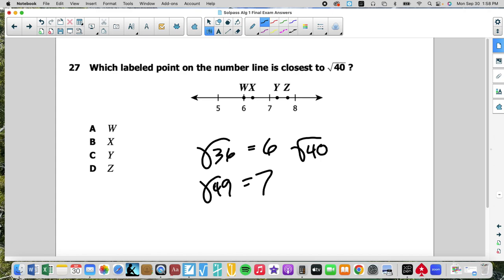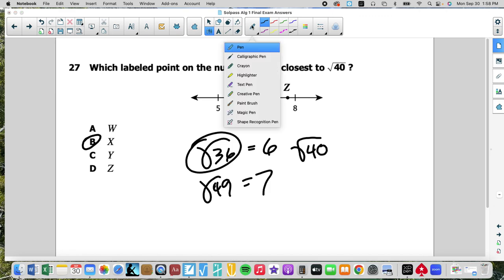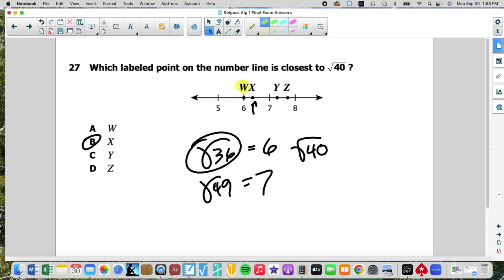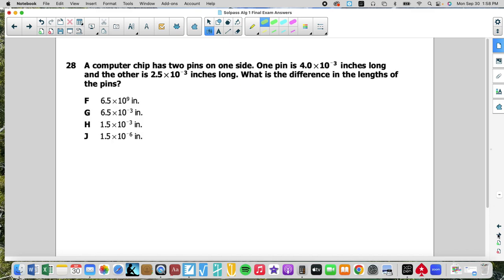It's sure as heck isn't 6, so I would have to say that it's X. W represents the square root of 36. That would be W. You know what I mean? This is this because it produced 6. So our answer is X. That's a good one. I like the comprehension.